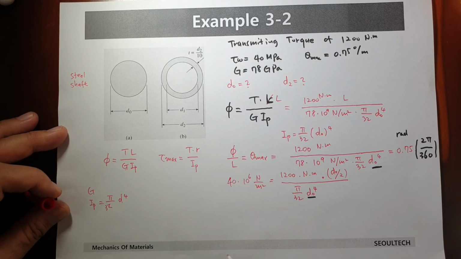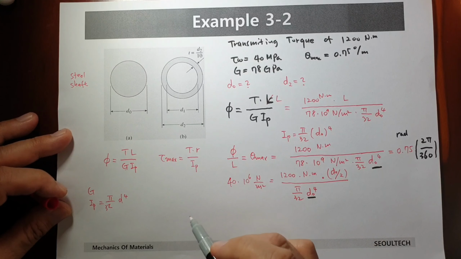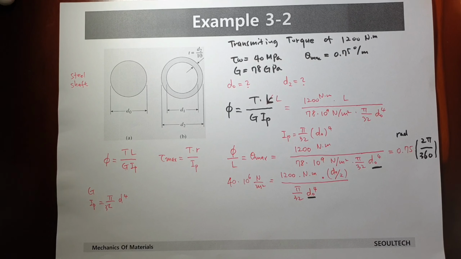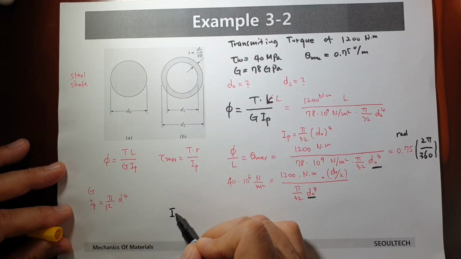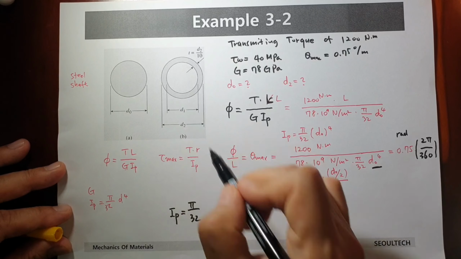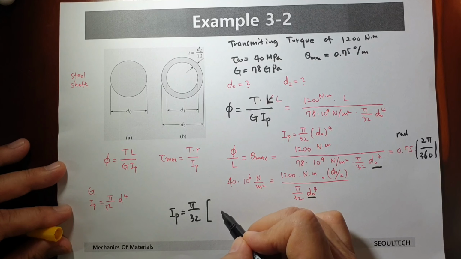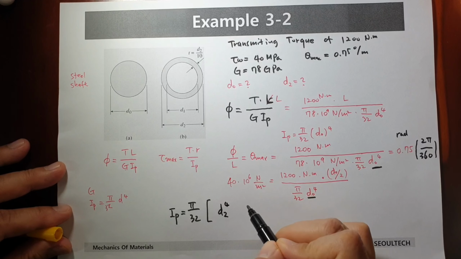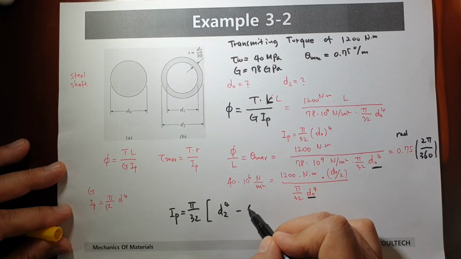And next one, in this case it is the same process, but what's different? IP value is different. IP, polar moment of inertia, equals 5 over 32 in this case, outside diameter D2 exponential 4 minus inside diameter D1 exponential 4.